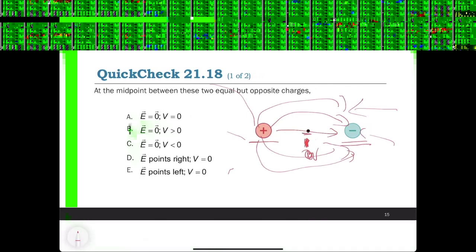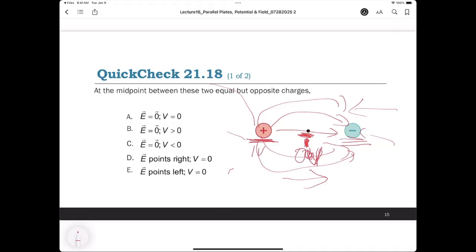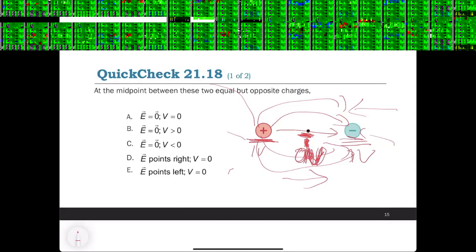Which means at this point the electric field should point right, in this direction. Does it make sense to you? And the voltage here, because here is positive 1 volt and negative 1 volt, there should be 0 volts in the middle. So the right answer should be D.